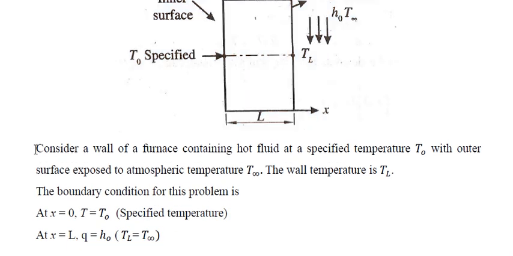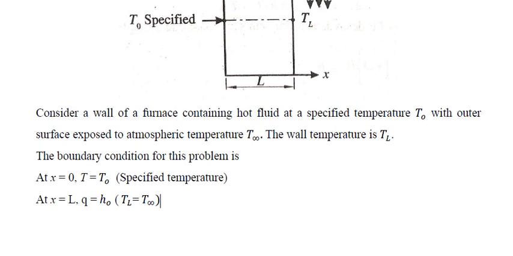Consider a wall of a furnace containing hot fluid at a specified temperature T naught, with the outer surface exposed to atmospheric temperature T infinity, and the wall temperature is TL. The boundary condition for this problem is at x equal to 0, T is equal to T naught. At x equal to L, q is equal to H naught, TL is taken as T infinity.